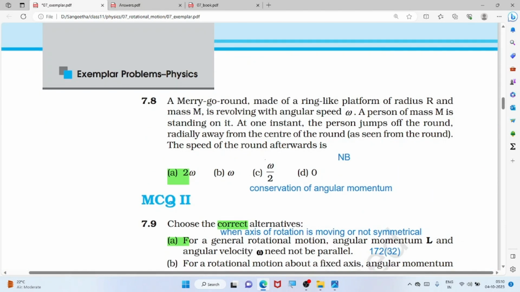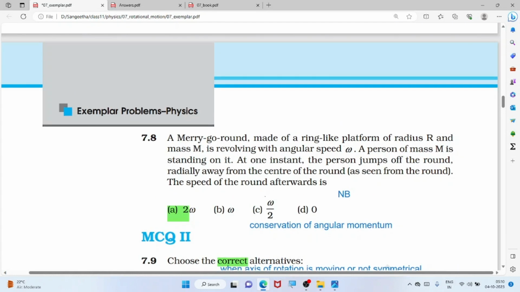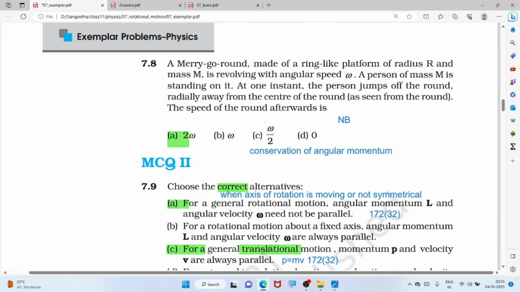A ring-like platform of radius r and mass m is revolving with an angular speed, which is given. A person of mass m is standing on it. At one instant, the person jumps off the ring radially away from the center. The speed of the ring after this is what they are asking. This is based on the law of conservation of angular momentum.